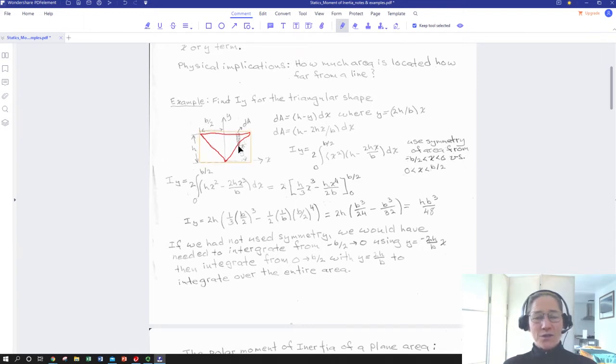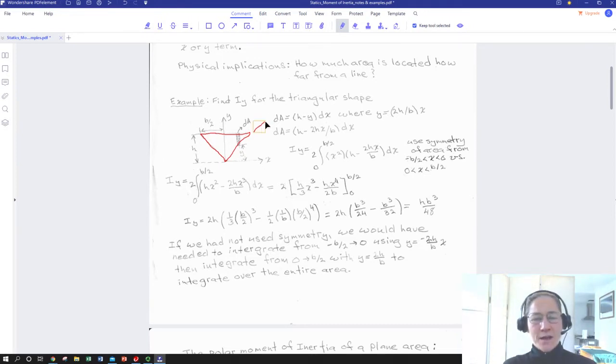So the differential slice has to all be at the same distance from our axis of rotation. So we've defined the differential area shaded, so it's going to have a width of dx, which is great because we're going to integrate with respect to x, and then it's got its own height equal to h minus whatever the y value of this effective diagonal line going here.